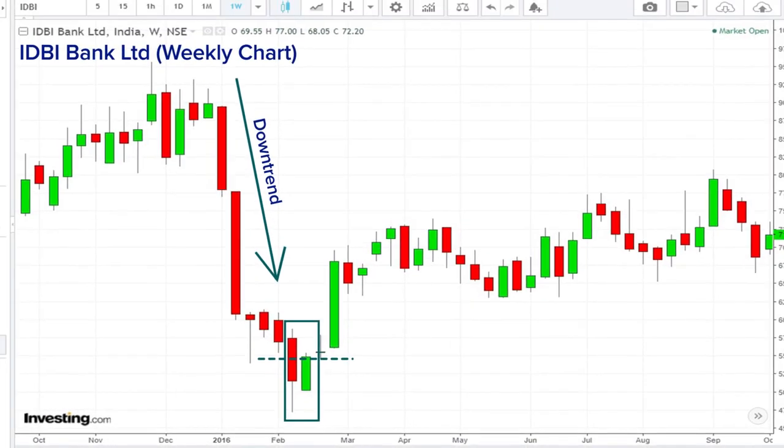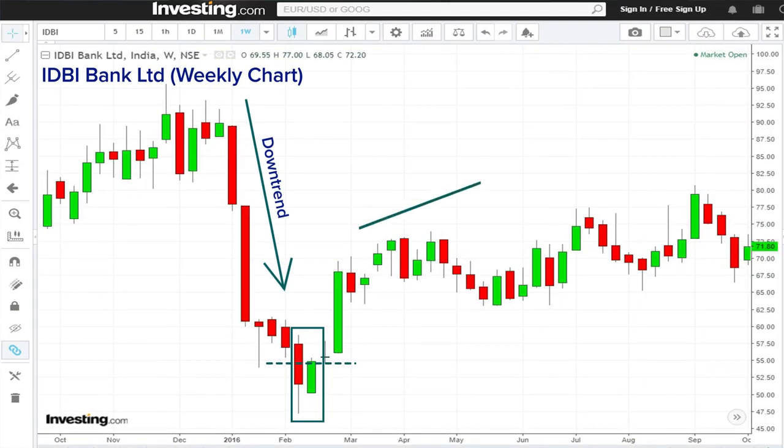And when the price moved above the high of the two candles, someone should have taken a long trade with the stop loss below the low of these two candles. And see how beautifully the up move happened after that.